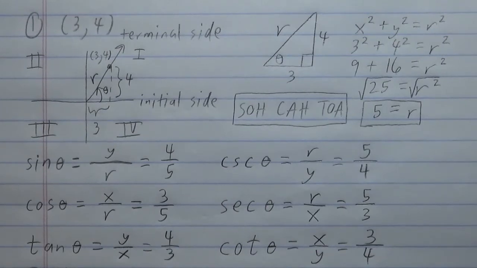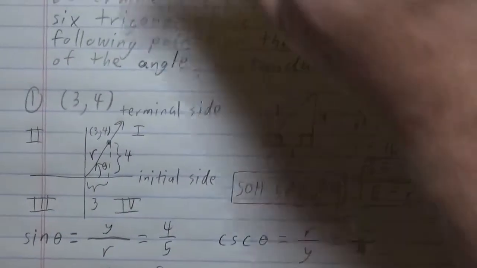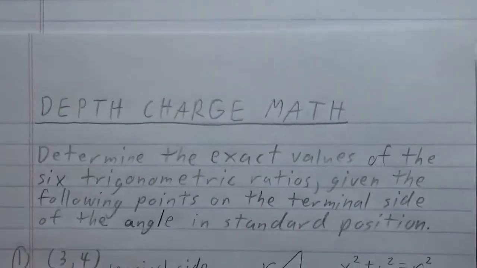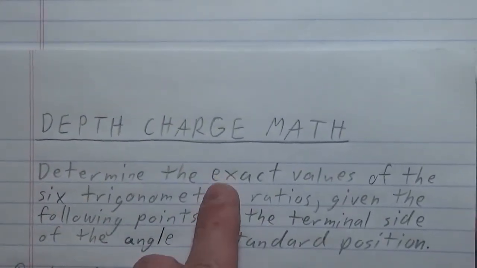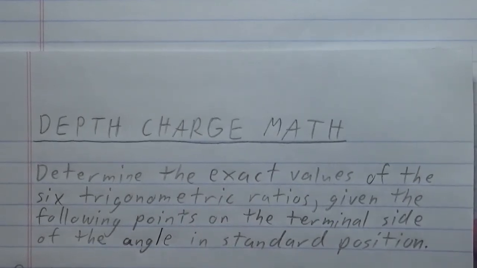Alright, so that was in the first quadrant. Let's go to the second quadrant and do the same thing. Again, the instructions are as follows. Given a point, imagine that point represents a rotation, and find 6 trig ratios.